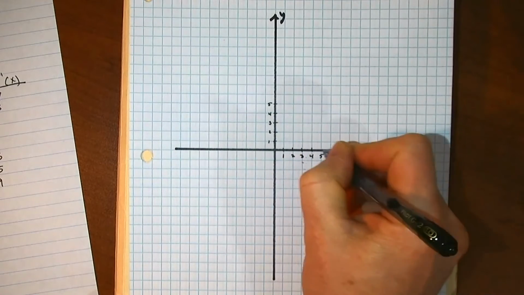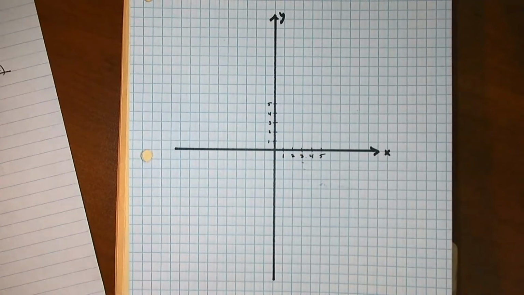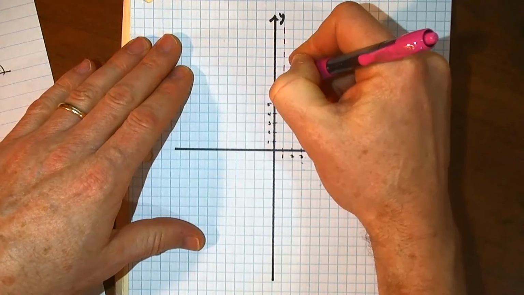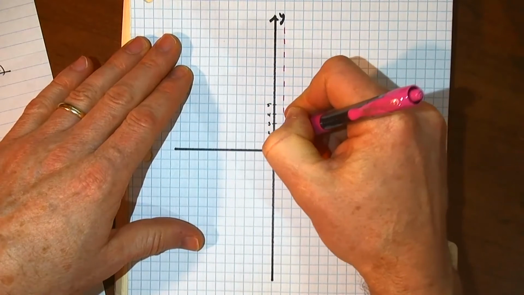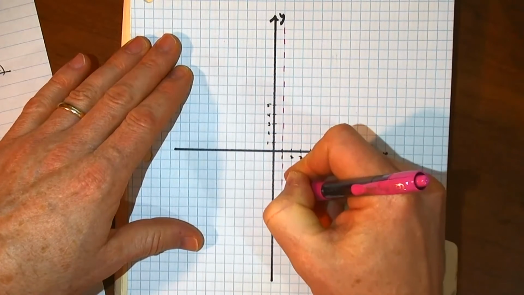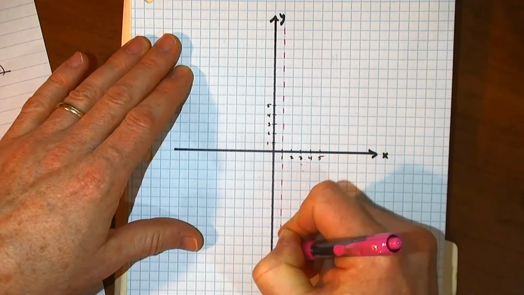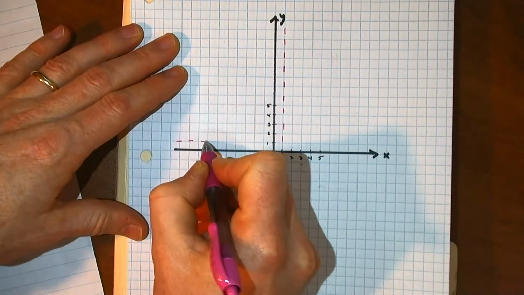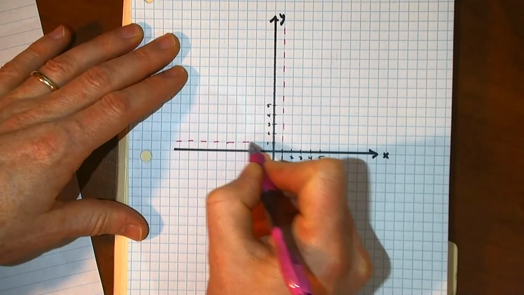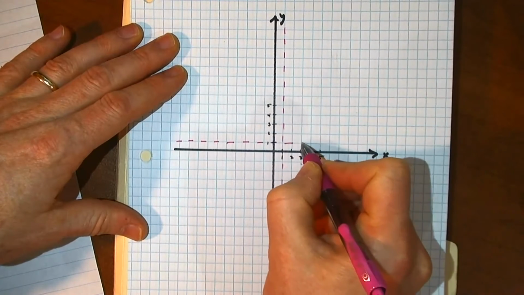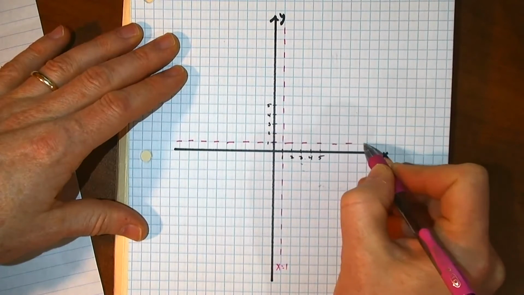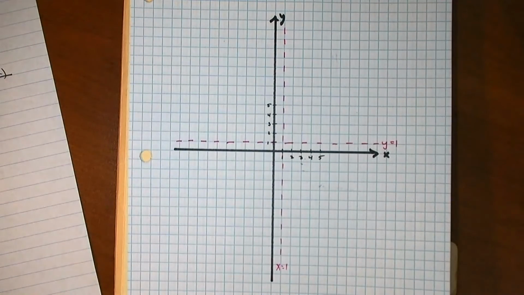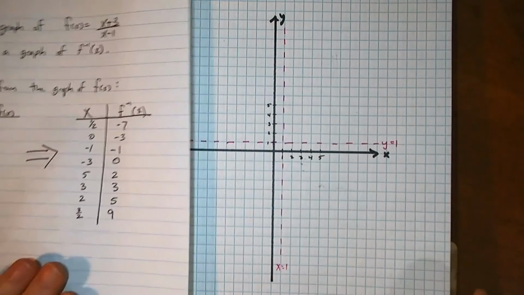And my asymptotes are x equals 1 for my vertical asymptote and y equals 1 for my horizontal asymptote. So I start by drawing those in. x equals 1 and y equals 1. So there are my 2 asymptotes.